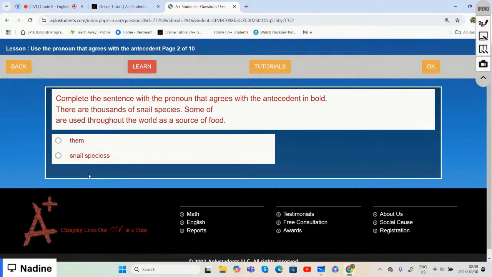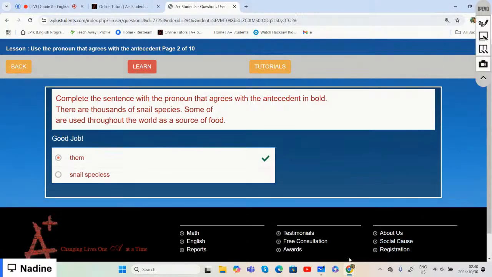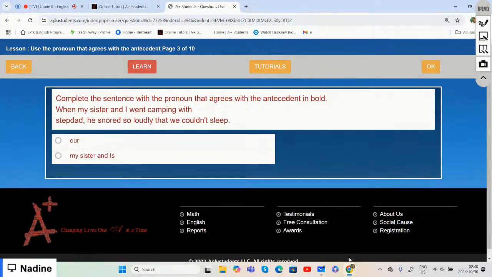If we were to choose the correct pronoun that agrees with the antecedent in bold, and then we can say there are thousands of snail species. Some of them are used throughout the world as source of foods. So them is correct.